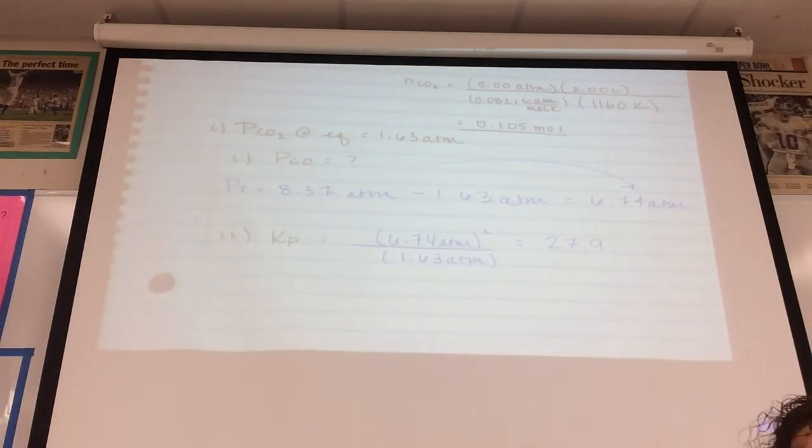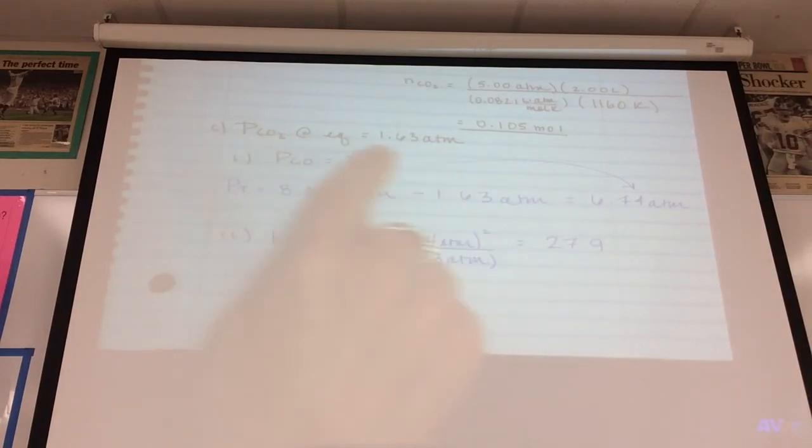This we got by subtracting in the previous problem, and this was given.